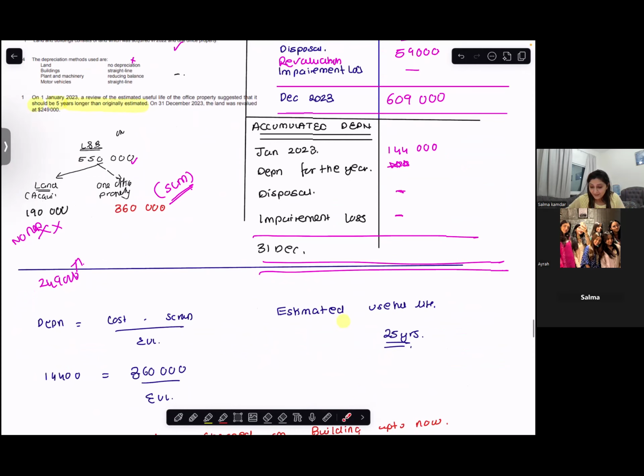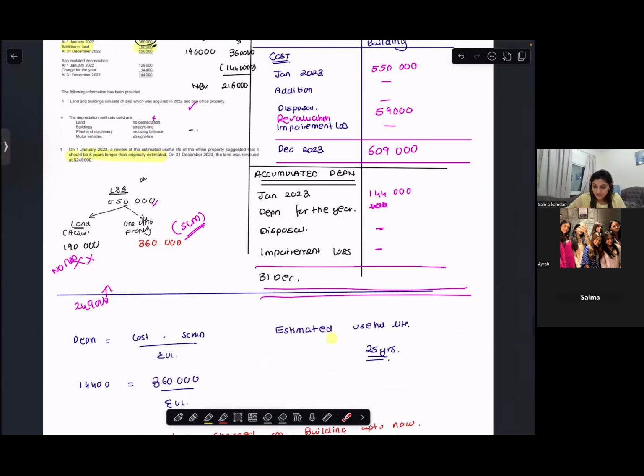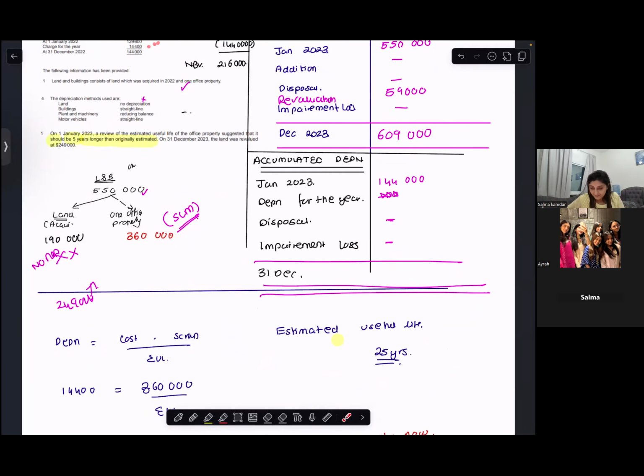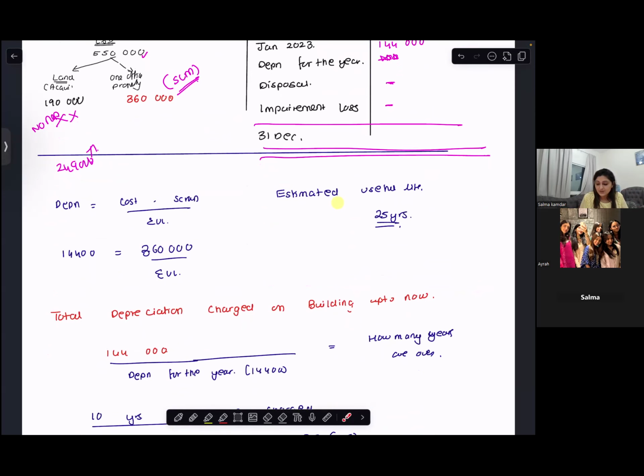And I know that the depreciation for the year was 14,400, calculated using the straight line method. So the formula for depreciation is cost minus scrap divided by the estimated useful life. I don't know the estimated useful life, but I know the depreciation per annum was 14,400. Cost was 360,000. So the estimated useful life became 25 years.